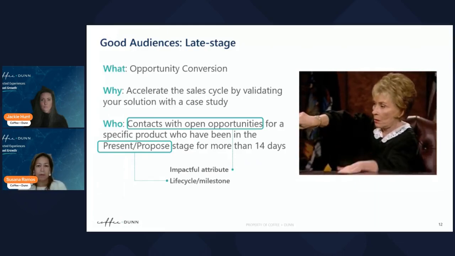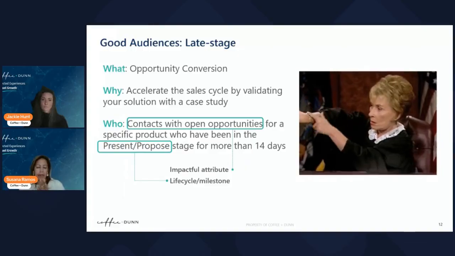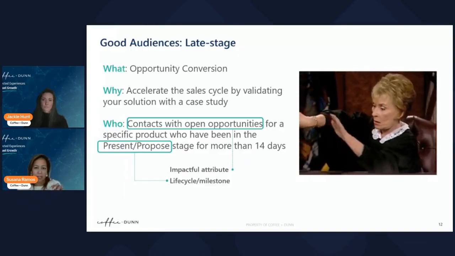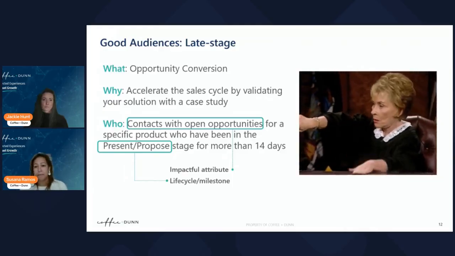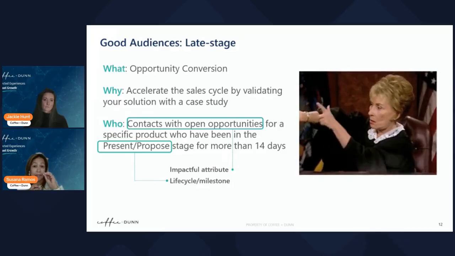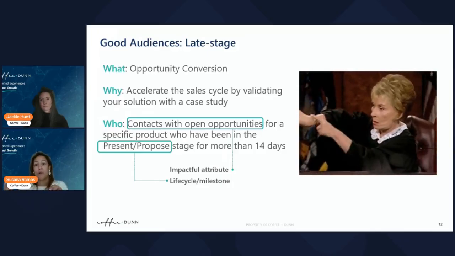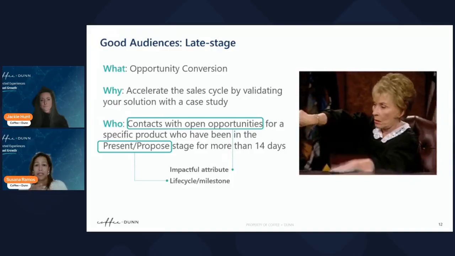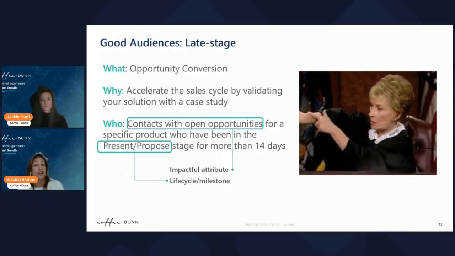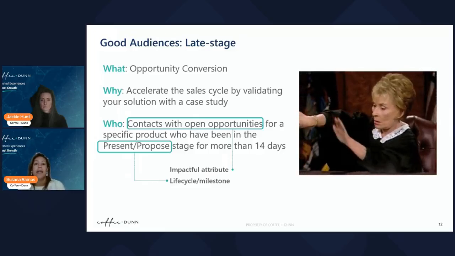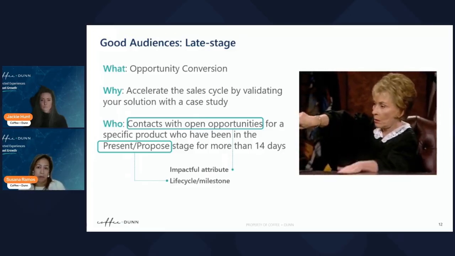Now, here we put present, propose, but that could be whatever stage that you have identified as part of your CE process in the system, but that have been kind of stuck in one stage for a certain amount of time, right? So we're trying to reignite those, not stale, but stagnant opportunities and try and get them over the finish line by helping to build some of that muscle memory and send messaging that validates what they may have been hearing throughout the process, right?